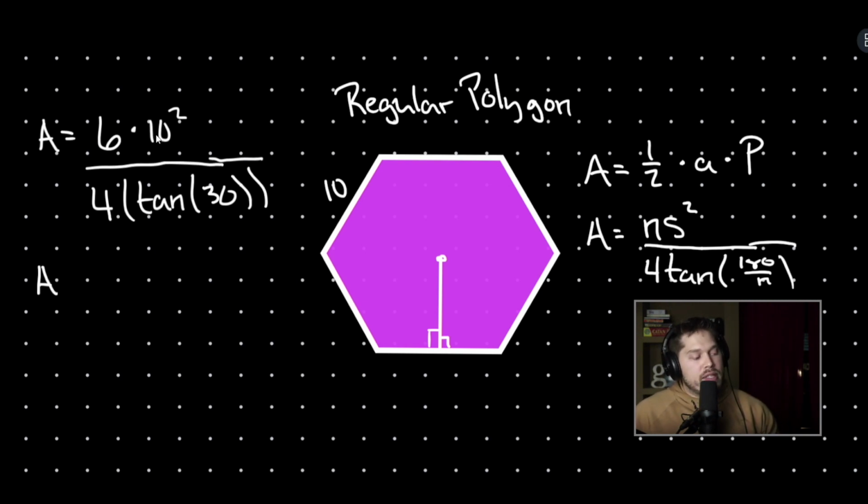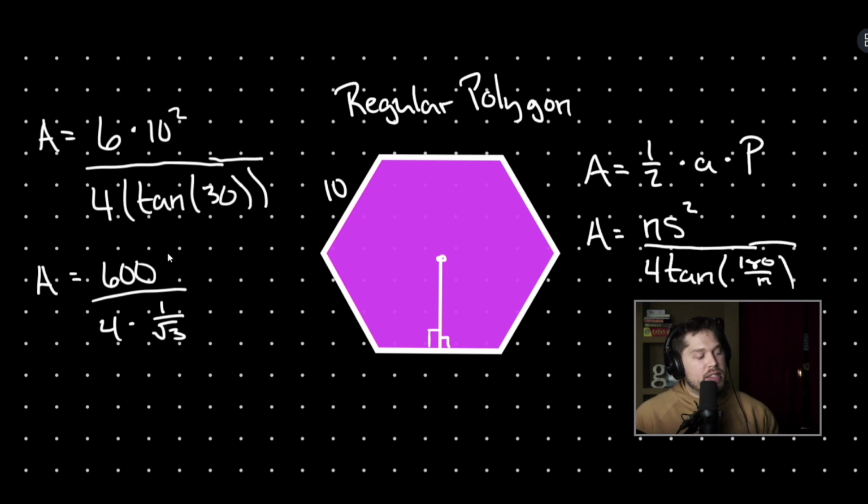So we have 10 squared is 100. 100 times 6 is 600. So we have 600 over 4 times the tangent of 30. So we can use our special right triangles to find the tangent of 30 degrees. But I'm just going to go ahead and tell you it's 1 over the square root of 3.